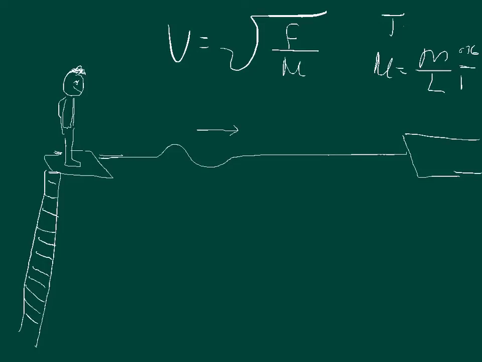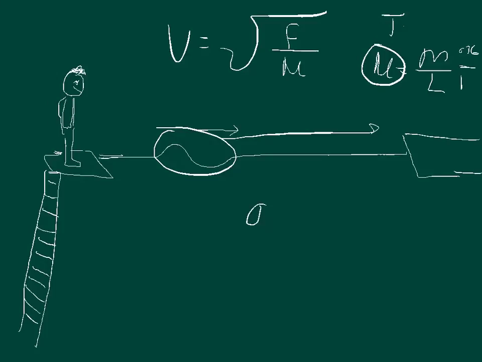Now this particular problem wants us to solve for the tension, or the force. And so we have to know what the velocity is, and we have to know what this linear density is. So for the velocity, it tells us that this guy strikes one end of this rope, and it takes 0.885 seconds to travel 20 meters.